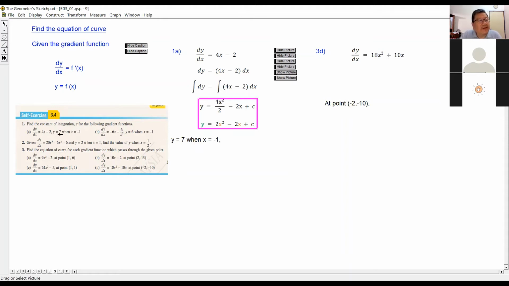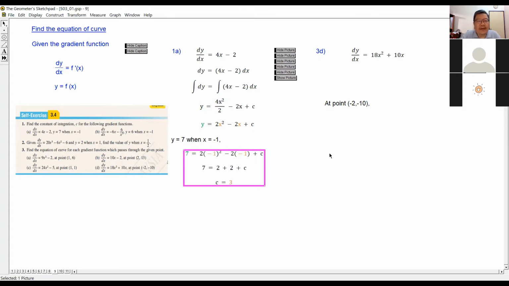You are given y equals 7 when x equals negative 1. So you have to replace the y here with 7 and the x here with negative 1.